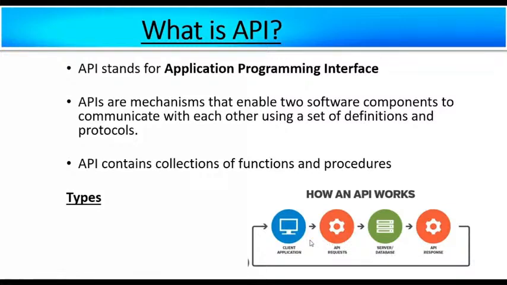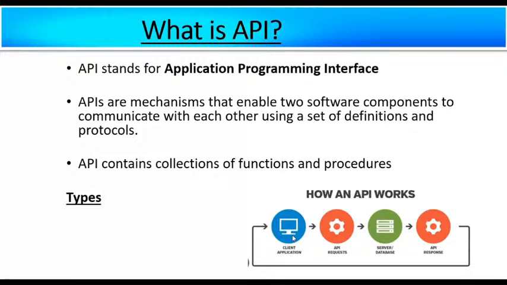Firstly, a connection will be established between the client application and the server. Then the API request will be sent to the server side. Once the request is received by the server, it will process the request and send the API response back to the client application. It can be a success response or a failure response. So this is how exactly the API works.